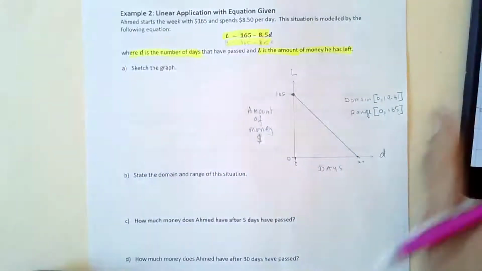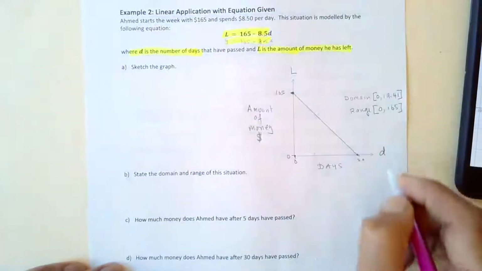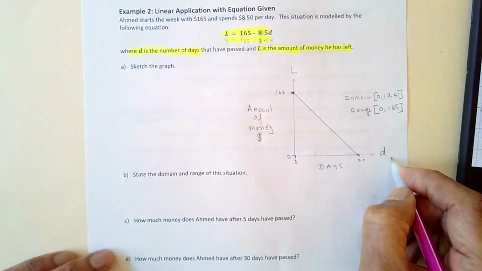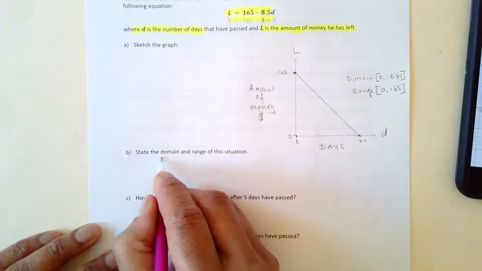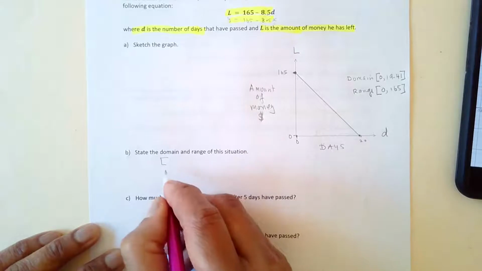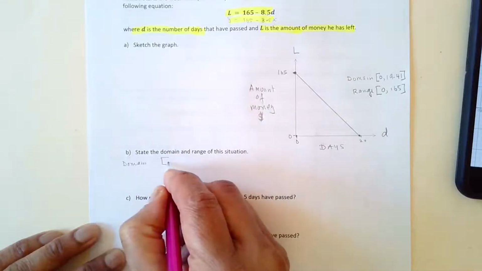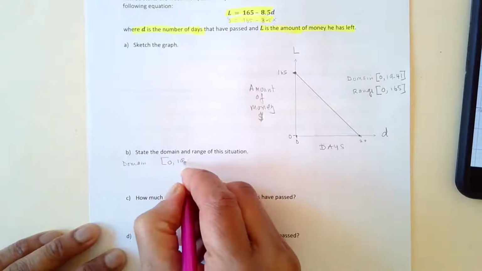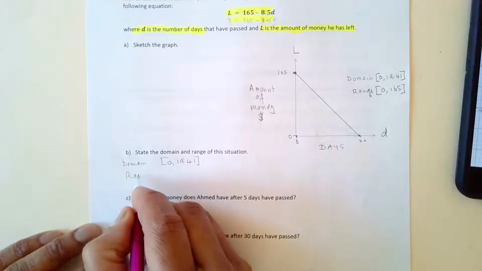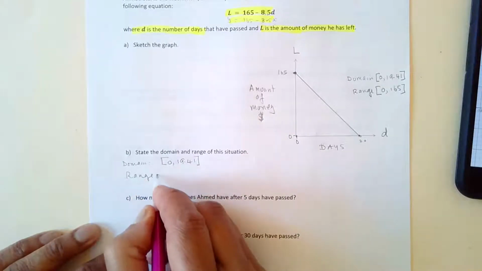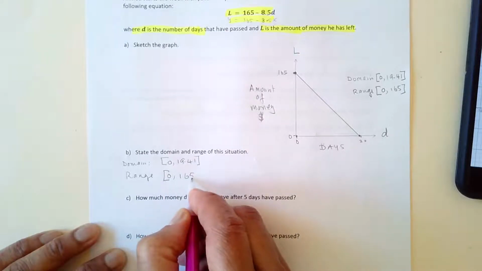Okay, there's our sketch. It's all you need for this. You have your label L and your D for days. So we're going to write our domain and range in this situation. Domain: 0 to 19.41, approximately. And the range: 0 to 165.